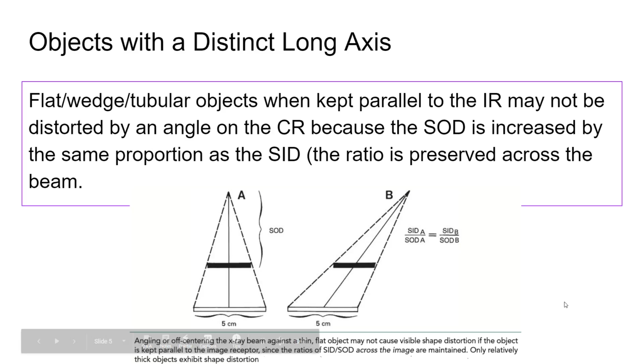So if you have a bone that's flat, you can actually have a situation where you don't have a lot of magnification. So I'll explain this, but let's just look at the bottom first. So you have an object. Those are both the same size. Your projected object size is both the same.